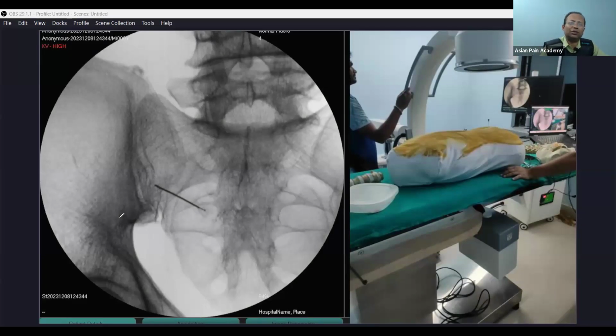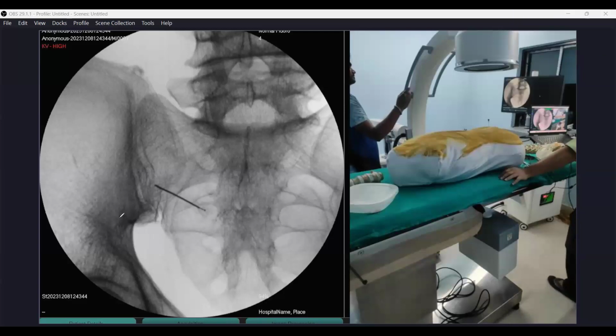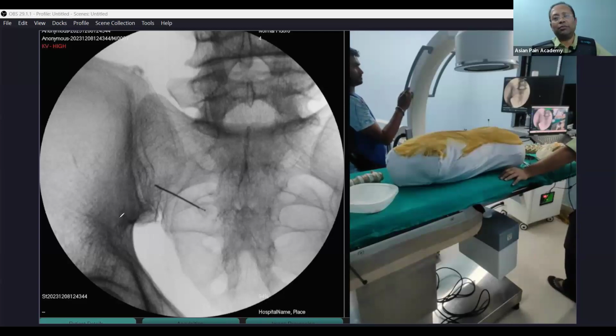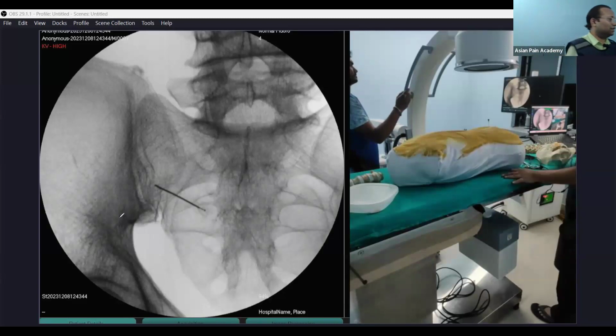Sometimes we give a bit less, like 30 mg is enough. With local anesthetic, because local anesthetic gives immediate relief, and you also become sure that your suspected pain generator is correct. That is the main use of local anesthetic in this type of case.